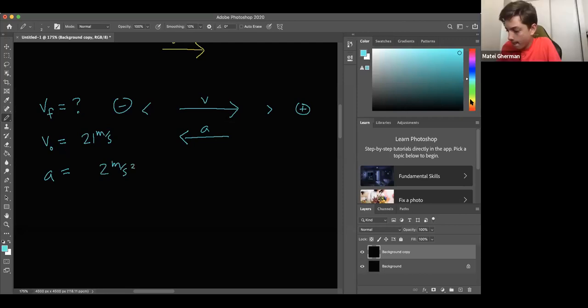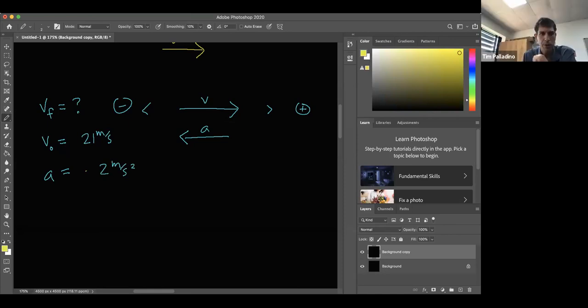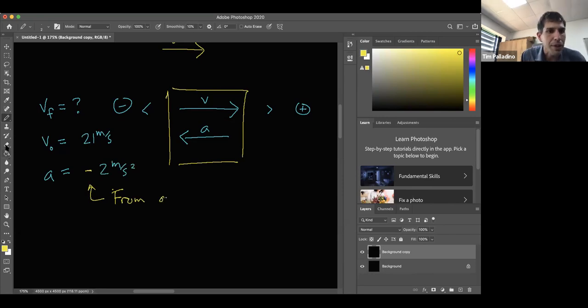Yeah, so you have to be very careful, all right? And you have to include the negative. So I don't want to write slowing down, but we know this, right? From the velocity and acceleration vectors, we know it's slowing down.